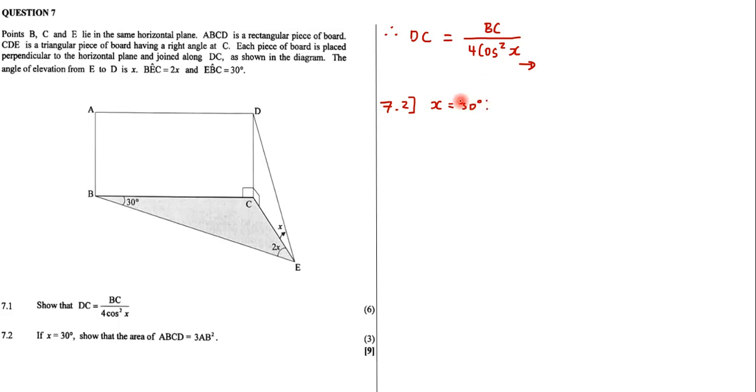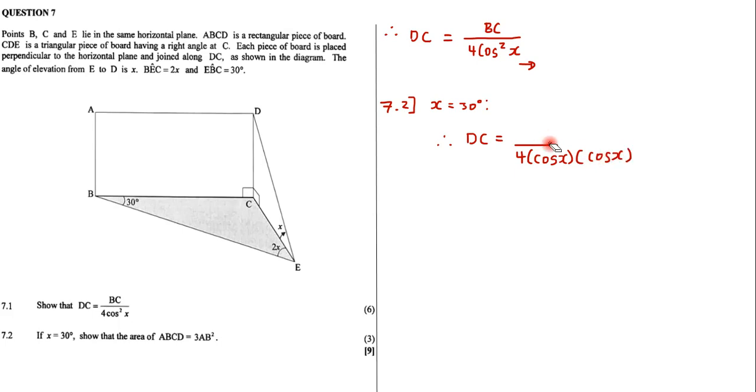I'm just going to explain it longer so that you can see what is happening. That means that DC is equal to BC over 4 cos squared x, and cos squared x is more like having cos x times cos x.